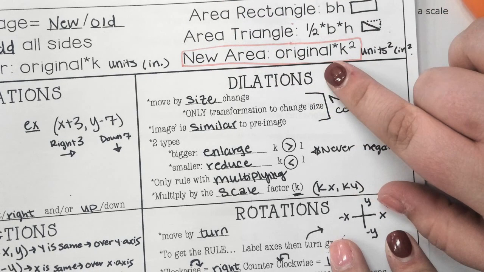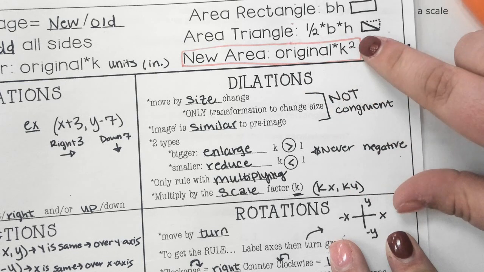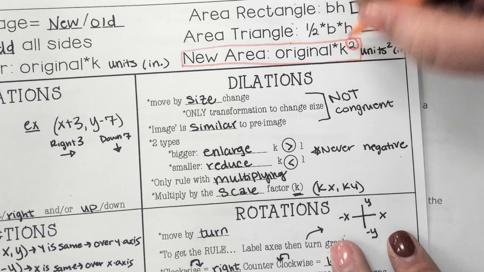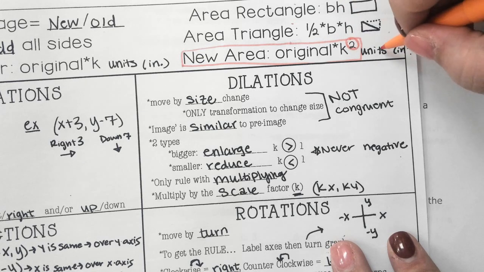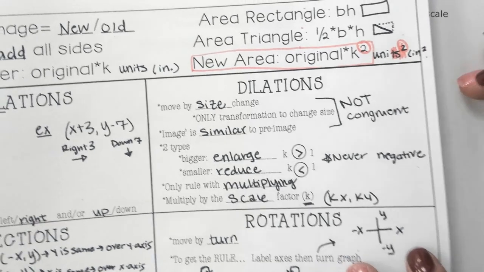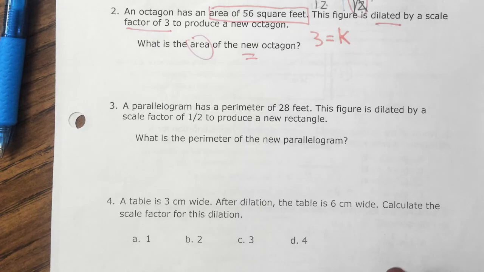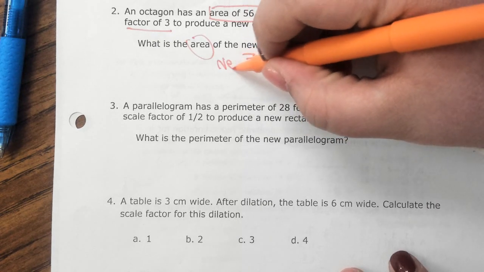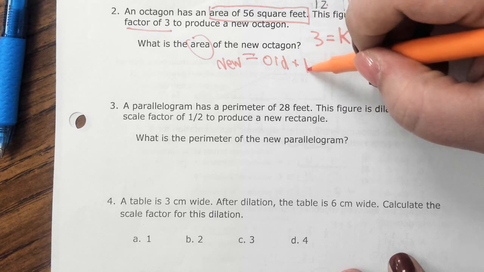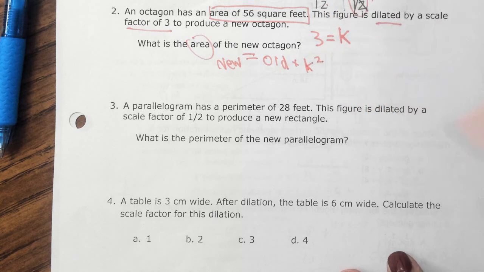It says original times K squared. I remember that K is squared because when we find area, we don't measure in inches, we measure in inches squared. So times K squared. Right. So our new area equals the old area times K squared.